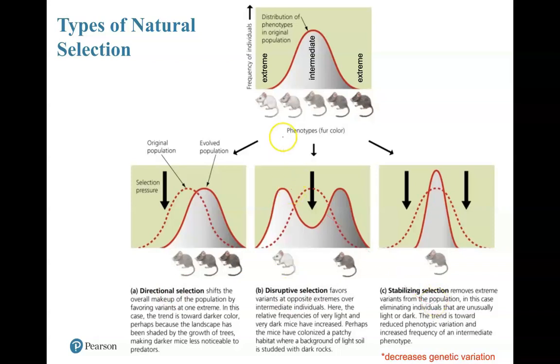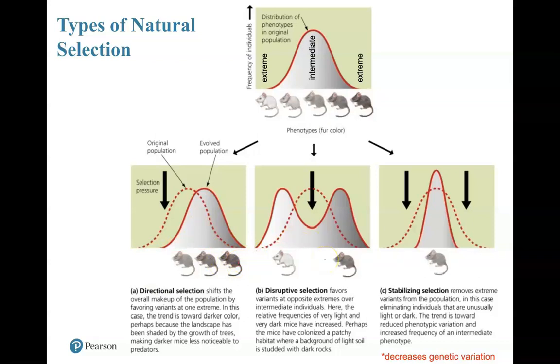In our original population, we had a distribution where we had many different variations of fur color. I had a white, light gray, gray, dark gray, black. They're all different types of fur color. Well, in directional selection, you're removing some of the lighter colors or maybe some of the darker colors. It depends on where the graph is shifting, but you're removing some.